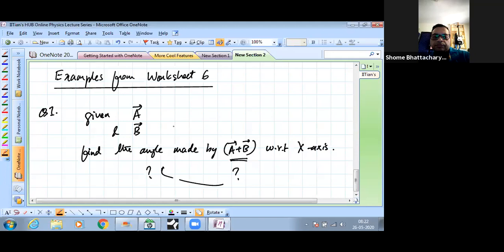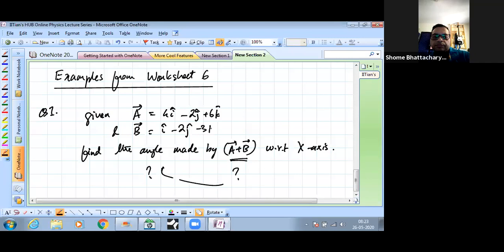So given the two vectors, A was the vector 4i cap minus 2j cap plus 6k cap, whereas B was the vector i cap minus 2j cap minus 3k cap.